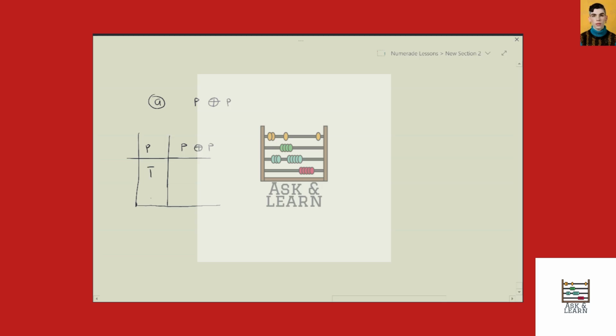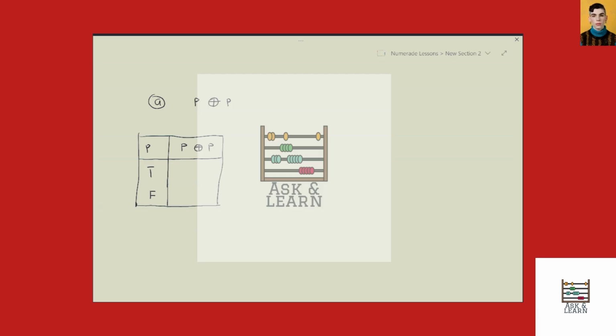So true and false. We are supposed to write it as true and false again, but that wouldn't be necessary because you're having the P that interacts with itself. One thing about the exclusive or is that they cannot both be true.